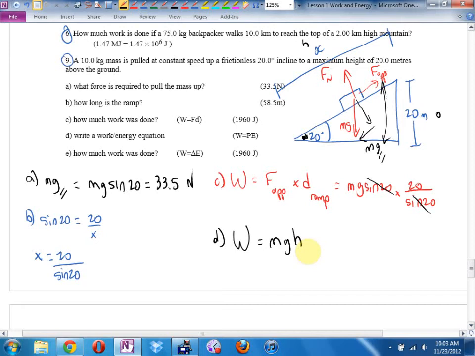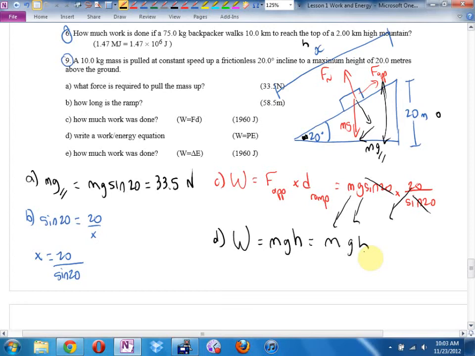What I'm trying to reinforce here is energy is a scalar. It doesn't care about the path that you took. Do you notice you actually do get mgh from that previous equation, doing the big long force stuff? We could have just gone, gravity, mgh, which is why E is also the same answer as C. Kind of cool.